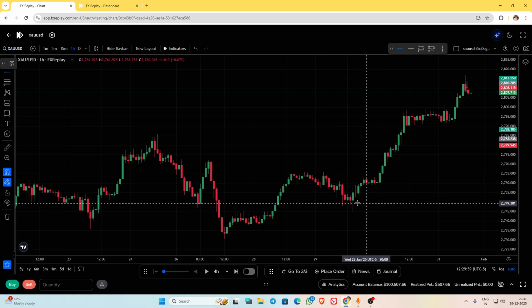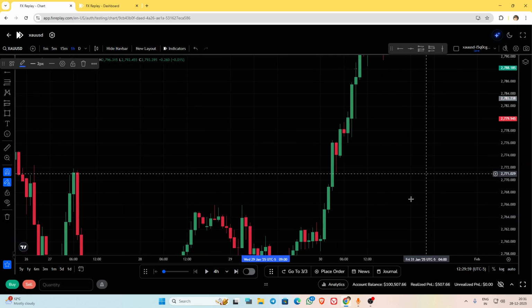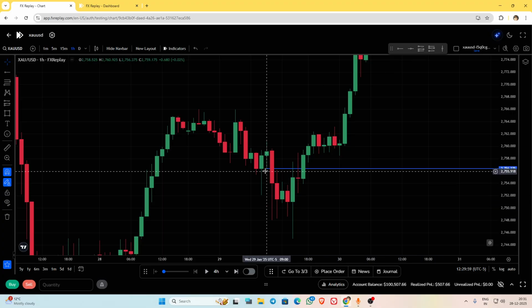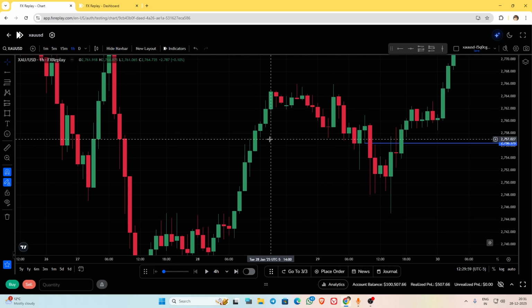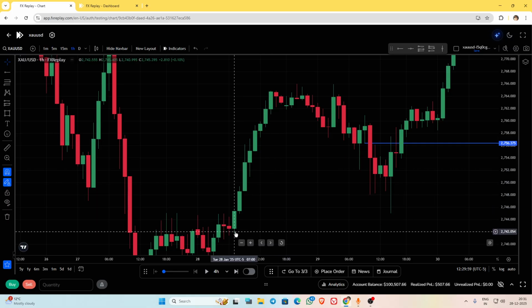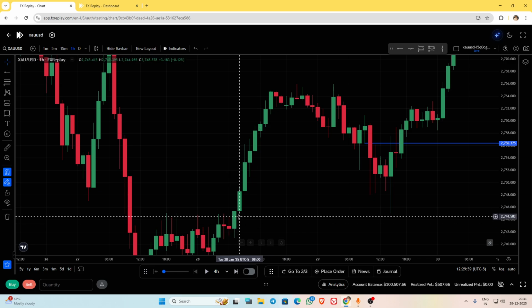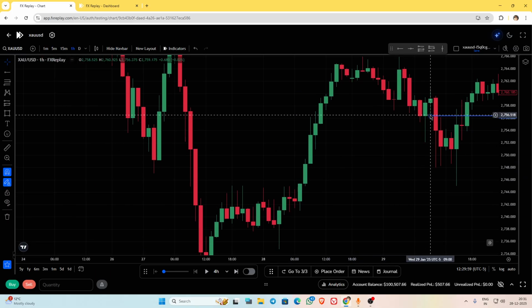On Wednesday 29 we have an opportunity here, but it didn't tap the point of interest, so this was our no trade day. Then we have a no trade day on 28 Jan also.